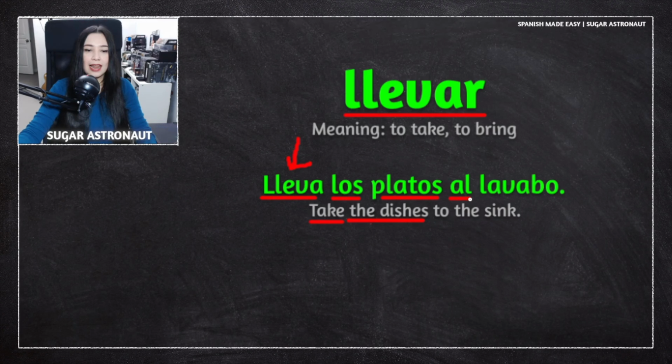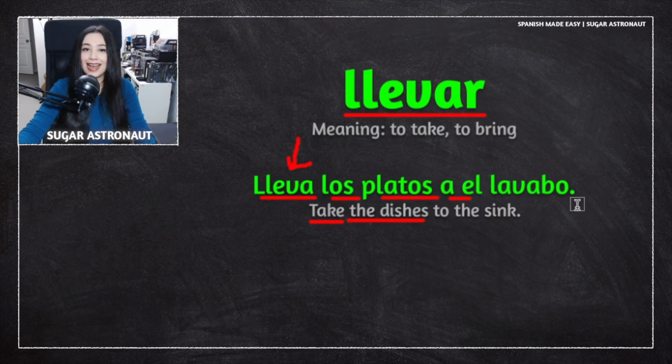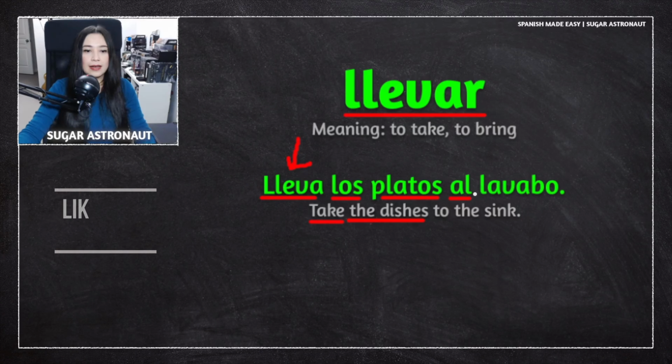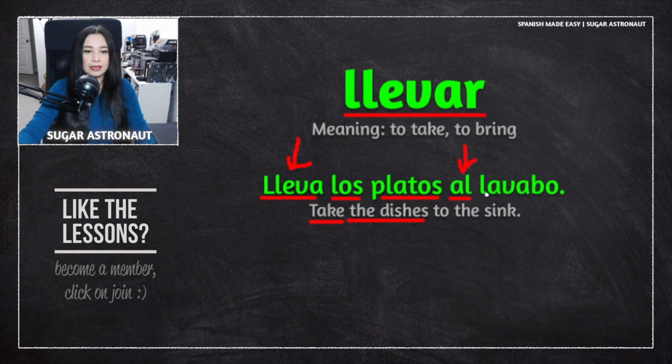Al is technically two words here. Al refers to a él. But when you have a él in Spanish, it needs to become al. And that's because you're saying where to take this, right?